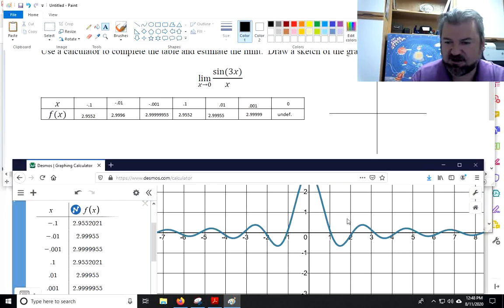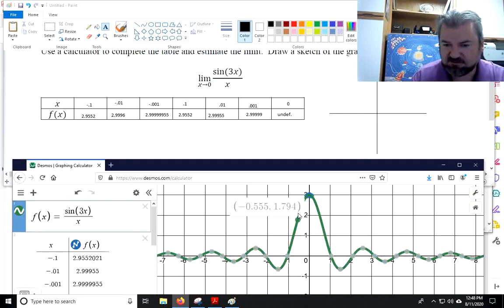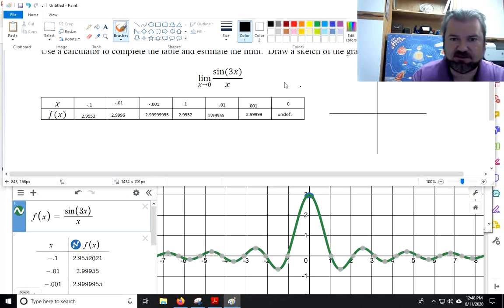If you look at the graph, I think you can really see how that's happening. Those are all the values from our table, just kind of bunched in right there, and you can see that it's definitely approaching 3, undefined right there at 0, but definitely approaching 3. So I am going to claim that this limit is 3.